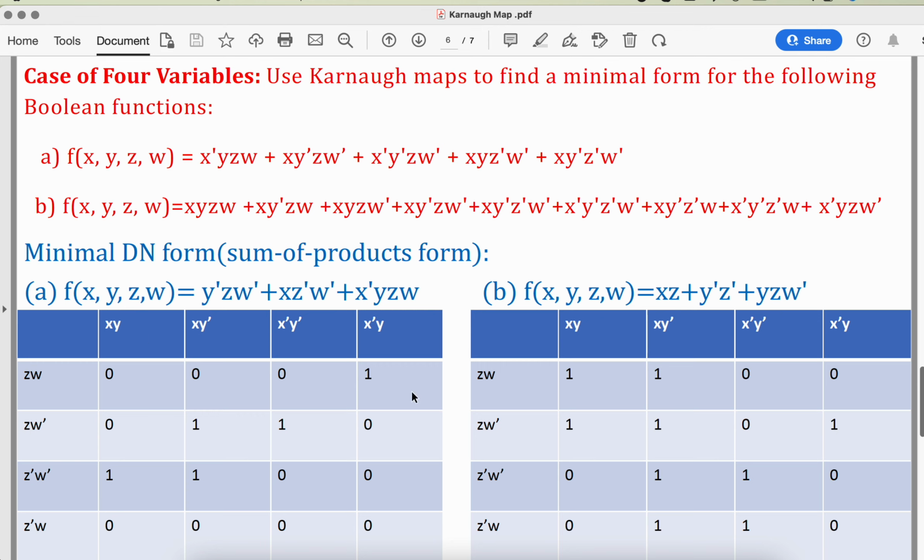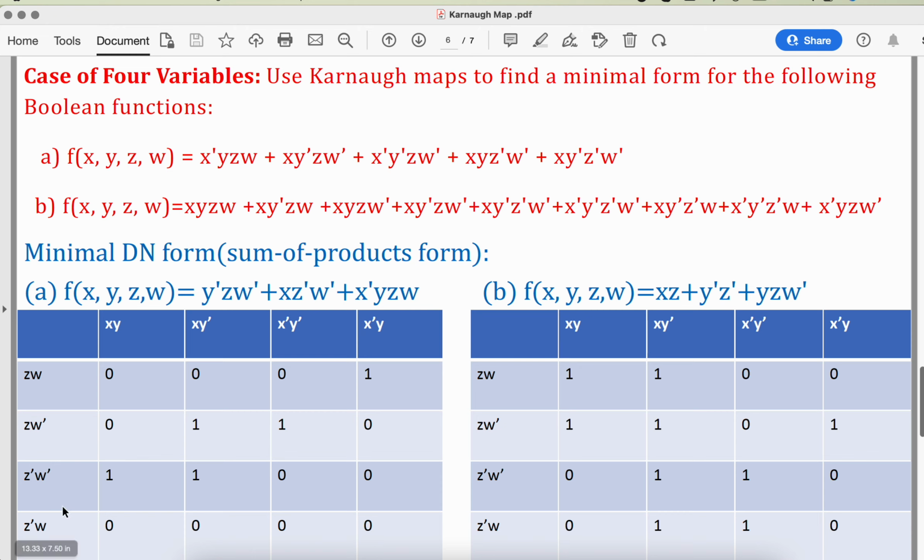So now we will construct a table as we constructed for 2 variables and 3 variables. Here we will write xy. Remember that we will change only one variable at a time. xy, x y dash, we have changed y to y dash. Then x dash y dash, we have changed x to x dash. Then x dash y, we have changed y dash to y.